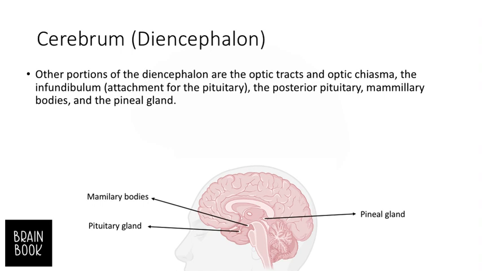There are other important parts of the diencephalon. For example, optic tracts that transfer the signals from our eye to our brain, and also the optic chiasma, which is a place where information from the left eye goes to the right hemisphere, and the information of the right eye goes to the other hemisphere on the opposite side.